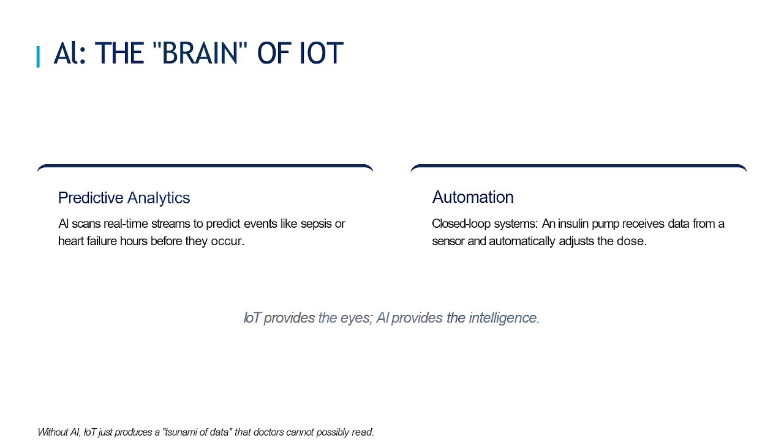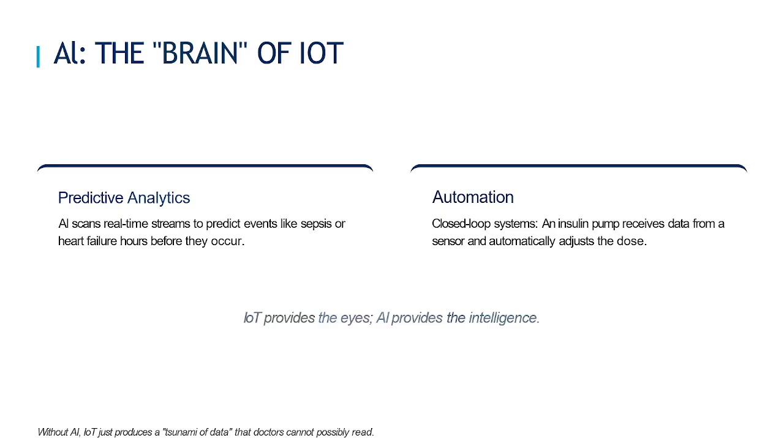While IoT devices continuously collect a large amount of raw data, AI converts the data into meaningful insights and predictions. Predictive analytics systems can identify signs of sepsis, heart failure, infection, and respiratory distress hours before the symptoms become critical.